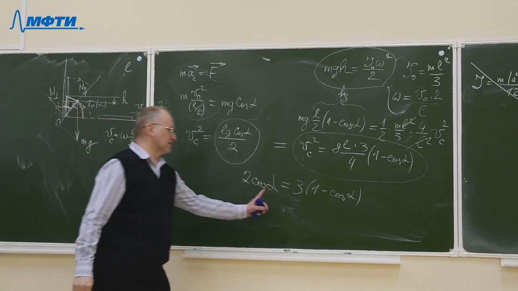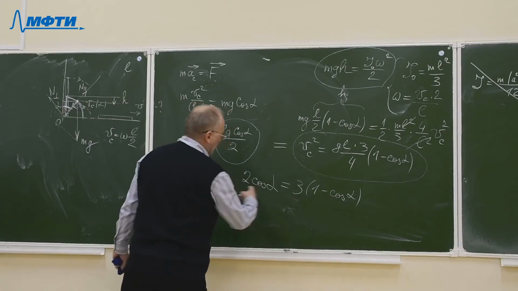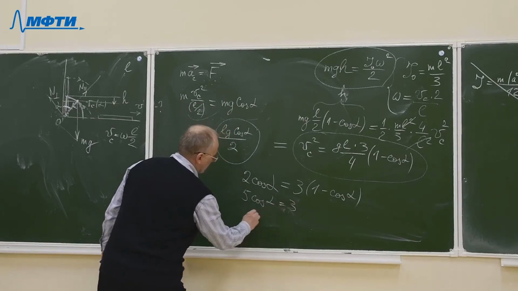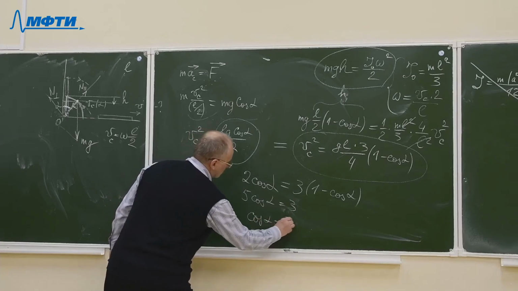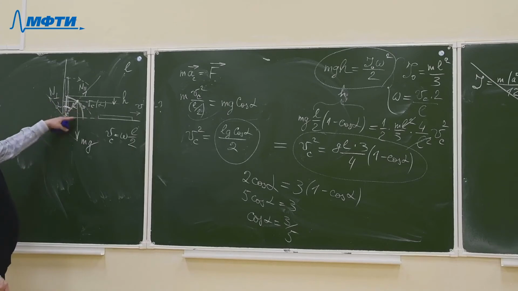At this particular angle, the contact will be lost. So 5 cosine alpha will equal 3, and cosine alpha will equal 3 over 5. That's the angle at which the contact here will be lost.